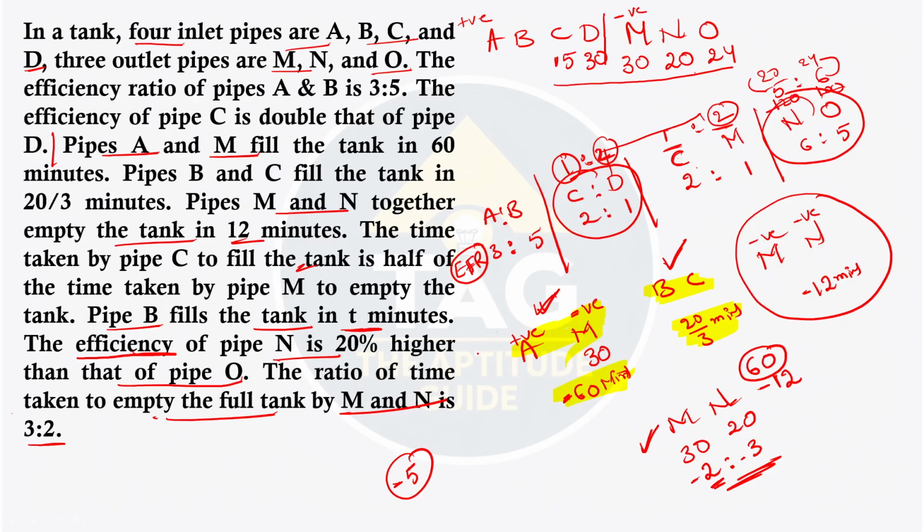You can consider it as 120. If the total tank is 120 units, M can empty the tank in 30 minutes. Let me erase this here. I'll write the same here. M can empty the tank in 30 minutes.